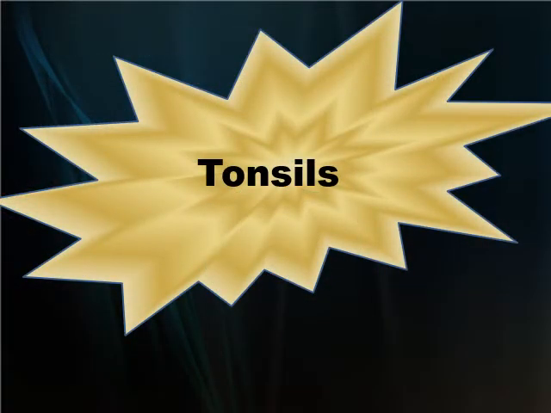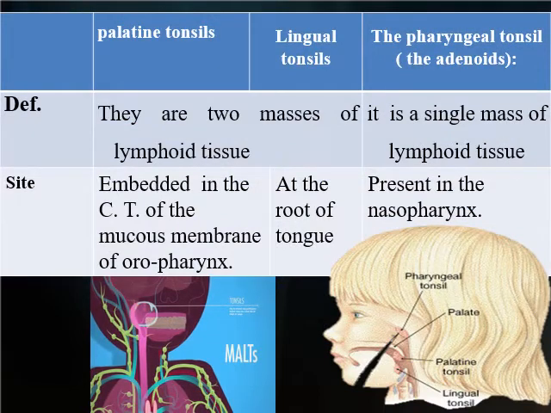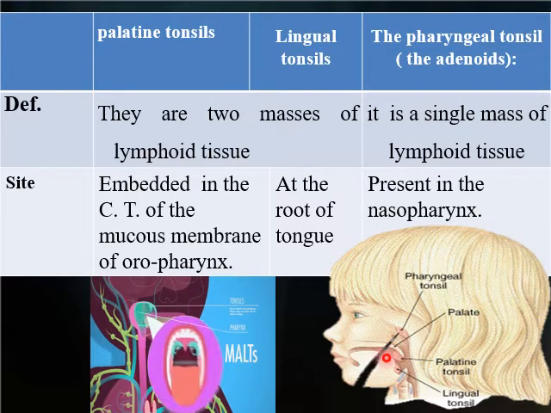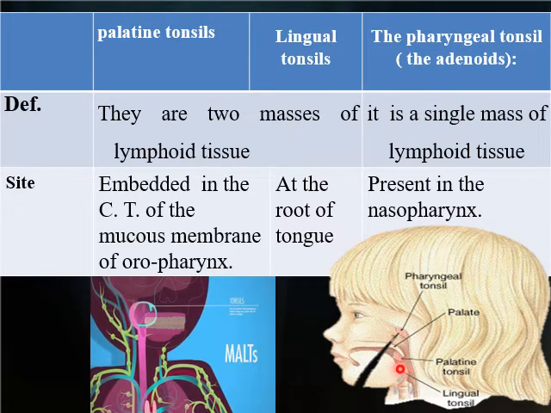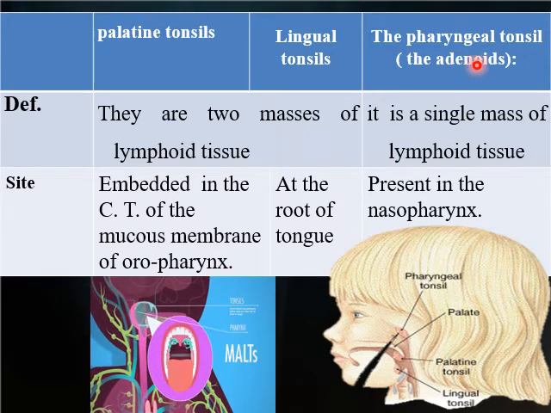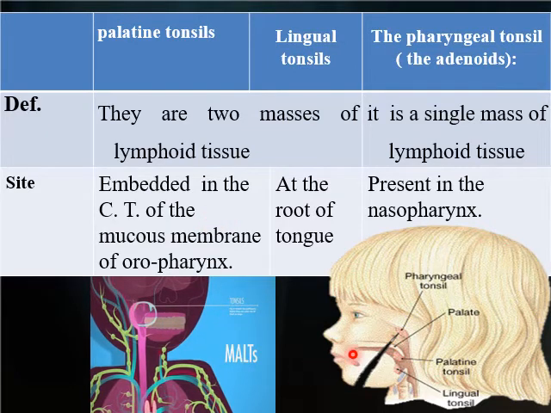The fifth organ is the tonsil. We have three types of tonsil. We have palatine tonsils. This is the palatine tonsil. Lingual tonsils are related to the tongue. The pharyngeal tonsil is related to the pharynx. The palatine tonsil is embedded in the connective tissue of the mucous membrane of the oropharynx.